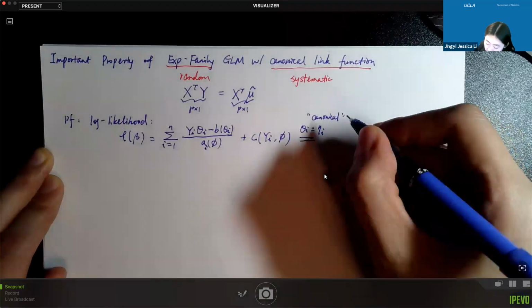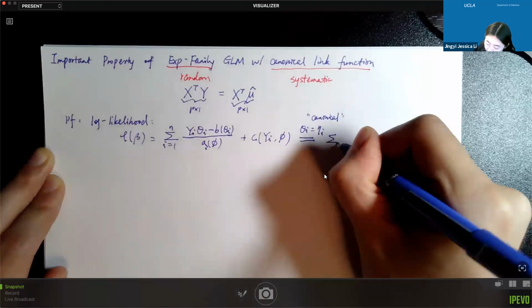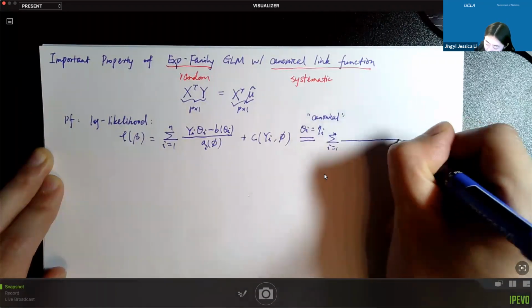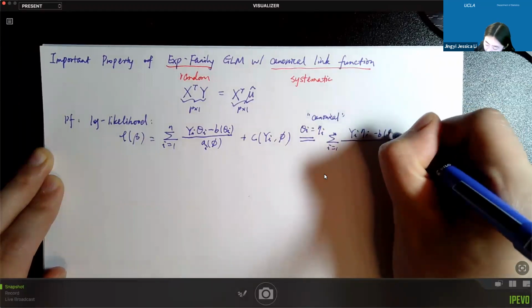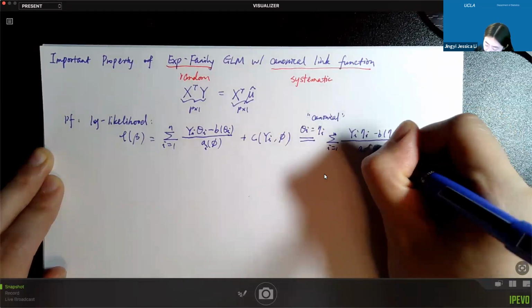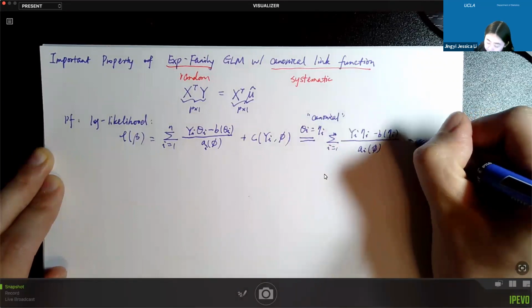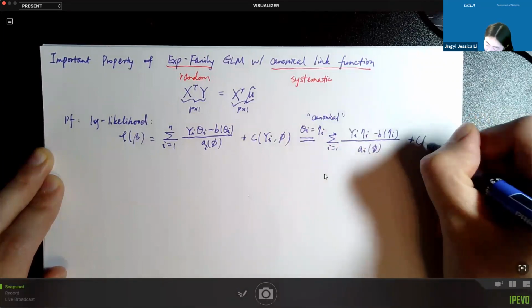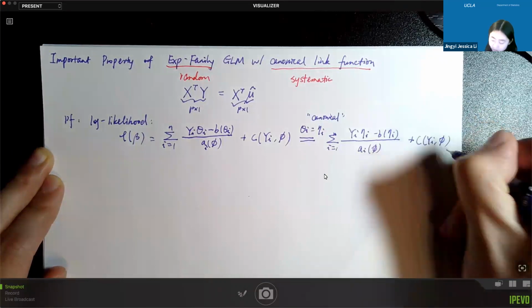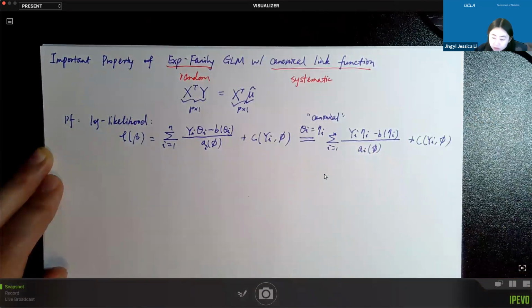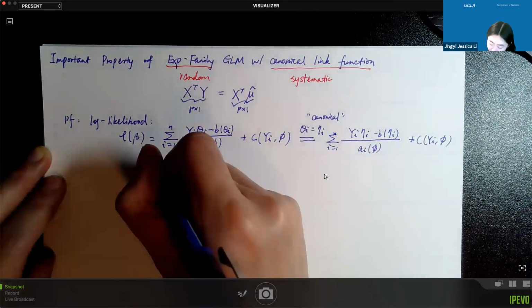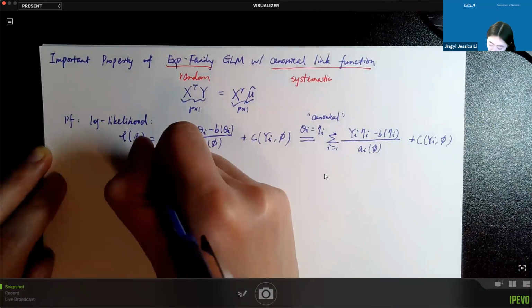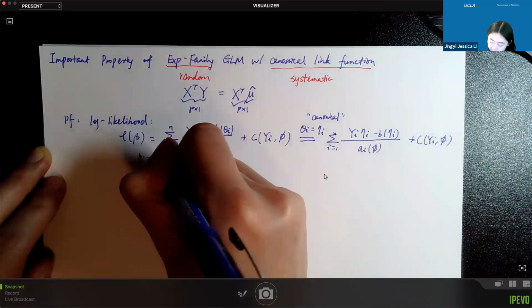So using this, you can immediately see that I would have yi eta i minus b eta i over a_i phi, plus c of yi and phi. And then I'm going to use the fact that eta i is equal to xi transpose beta. That's the definition of the linear predictor for eta i.